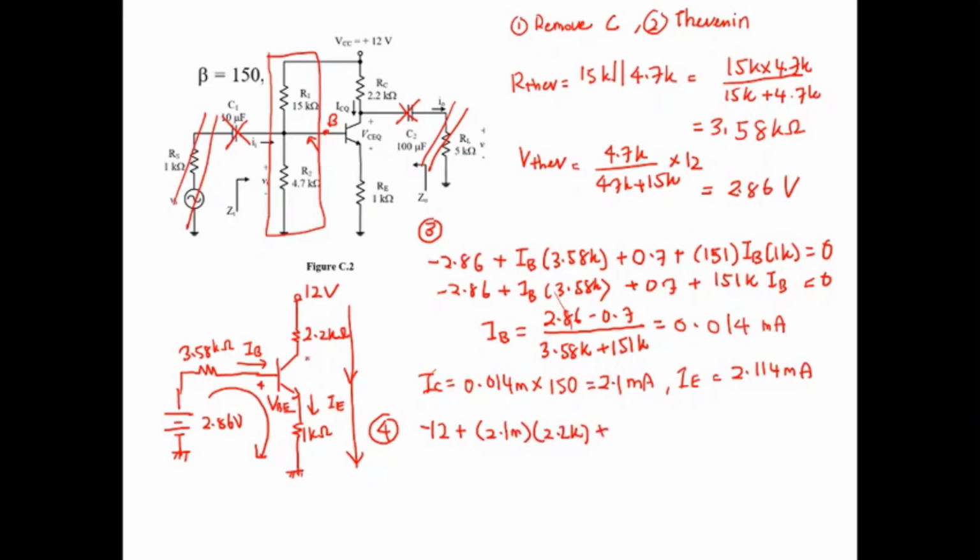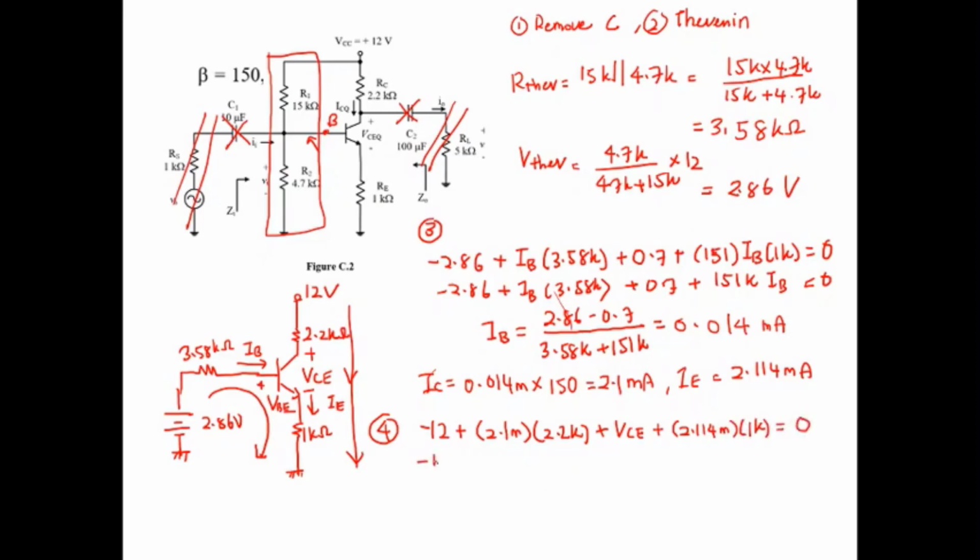And then between collector and emitter we have the voltage VCE. And then the voltage drop at 1 kilo ohm is IE times 1 kilo ohm, so IE is 2.114 milli times 1K, equal to 0.